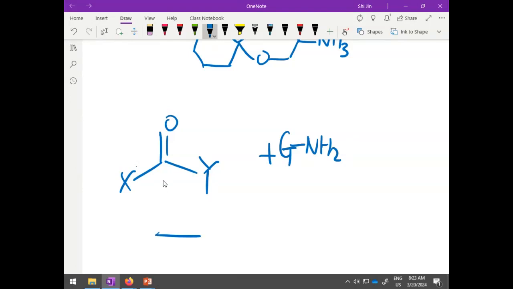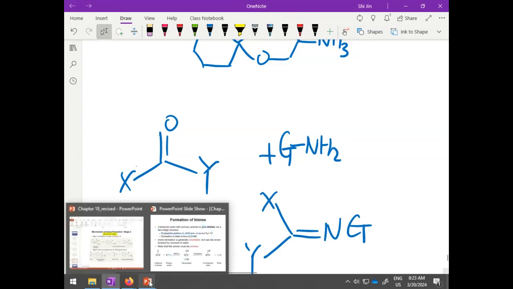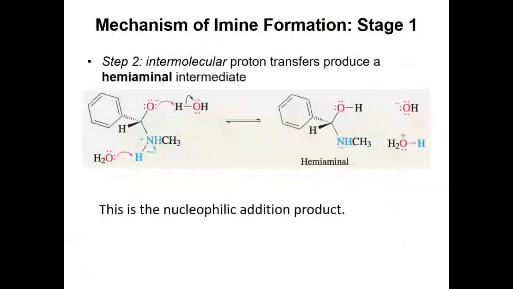So you will get, with the X and the Y, this imine type of structure. That's the general result for all the compounds with NH2 groups.